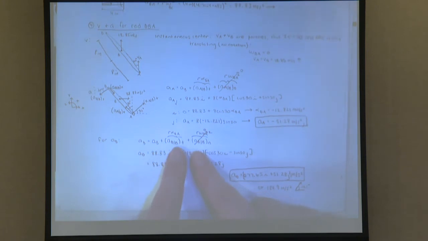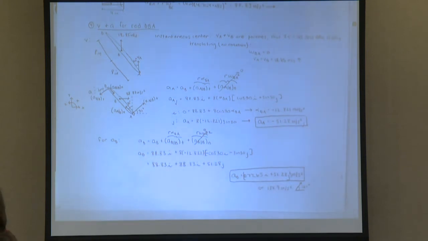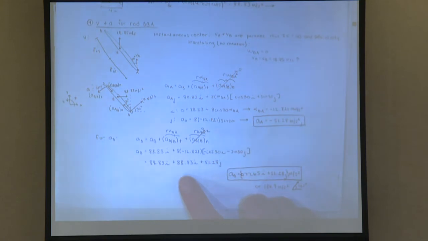But this time, AD is kind of off in space. With point A, we know it can only move in the J direction, but with D, it could be moving in the I and the J. We already know what alpha was, so when you solve, you'll get an AD with an I and a J component.